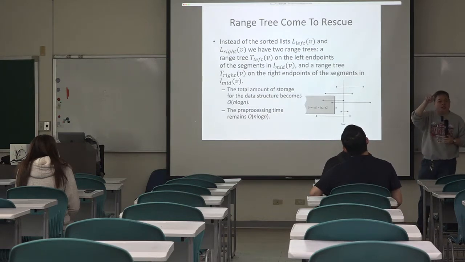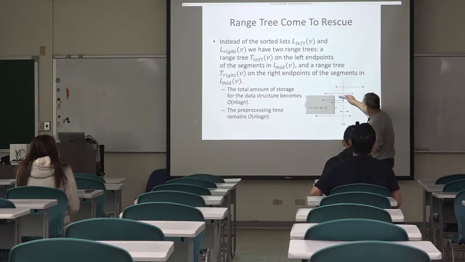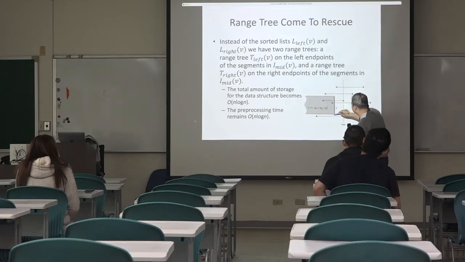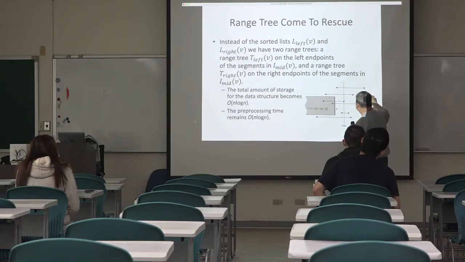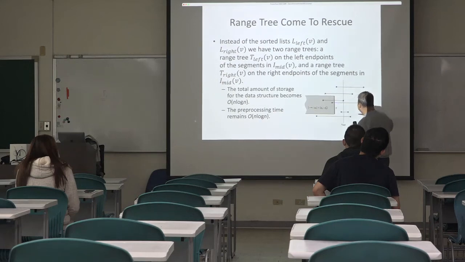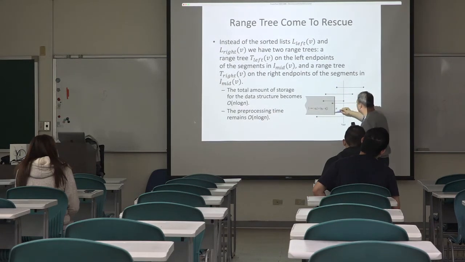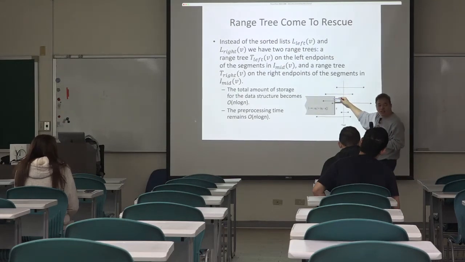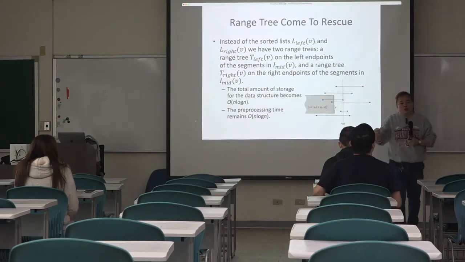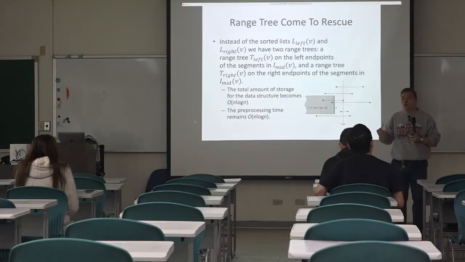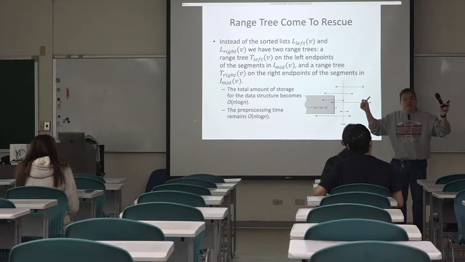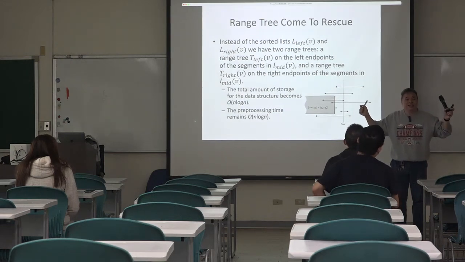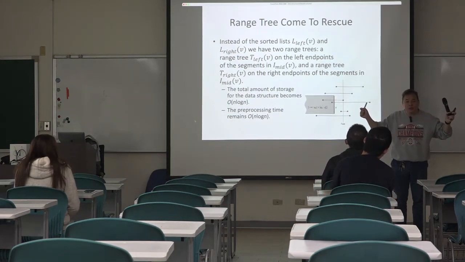Say the original window is like this. This is the original window. Now, remember, you want to report the segments whose endpoints are not in the window, but the whole segments are in the window.